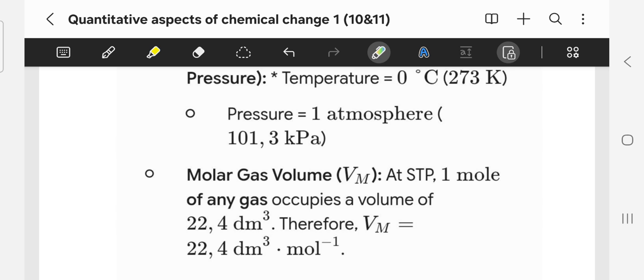They can say at STP 1 mole of gas or whatever occupies this volume. You just have to look out for those things, but in this case your volume is the same. So what you need to know is that it's 22.4 dm cubed per mole, and we call it the molar volume. I hope that makes sense.